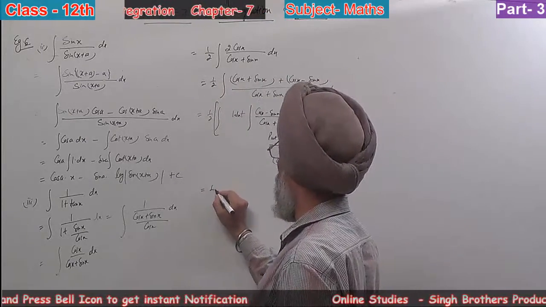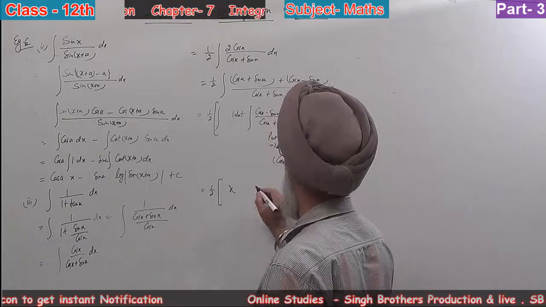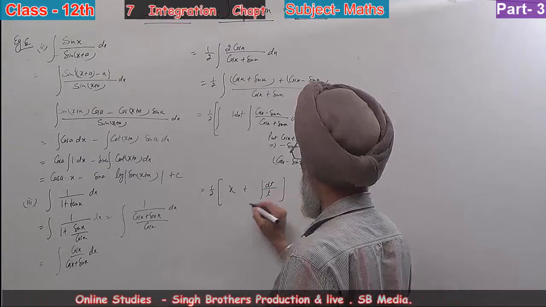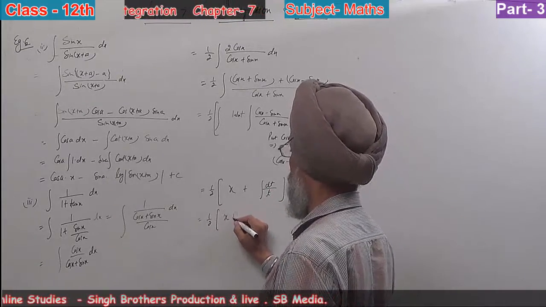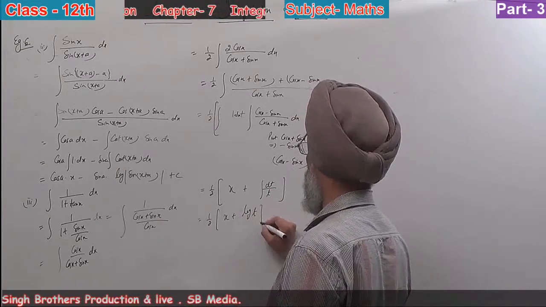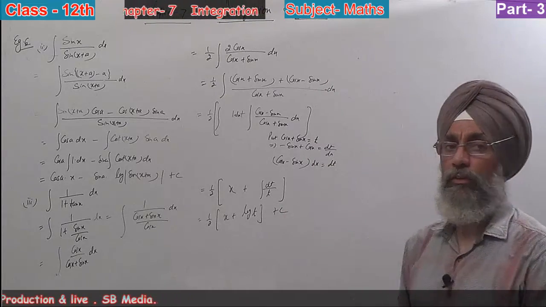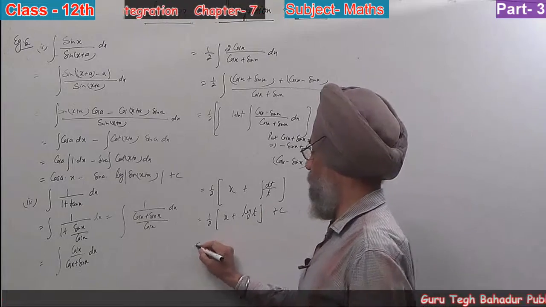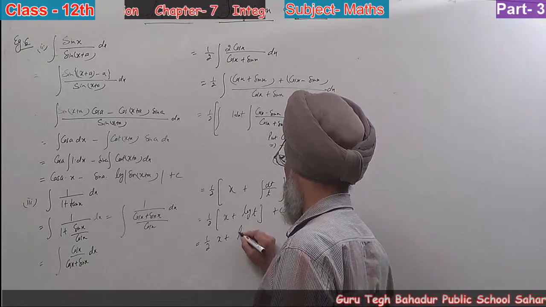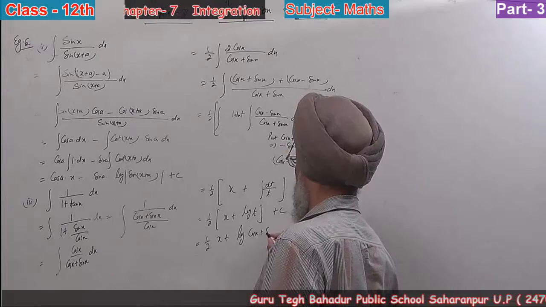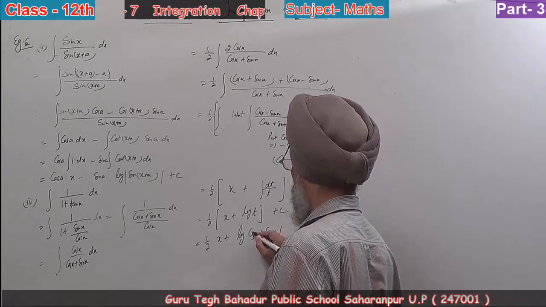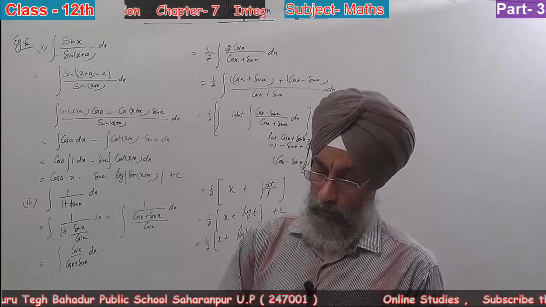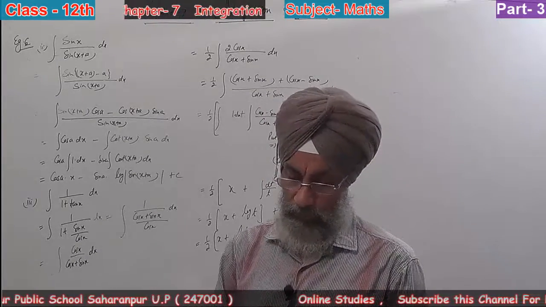So it is equal to half, x plus dt upon t. It is half x plus log of t plus c, the constant of integration. Now resubstituting the value of t, that is cos x plus sin x, log of cos x plus sin x. That is the integration for 1 upon 1 plus tan x into dx.